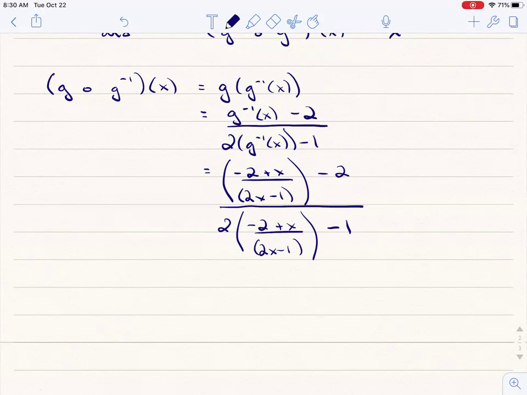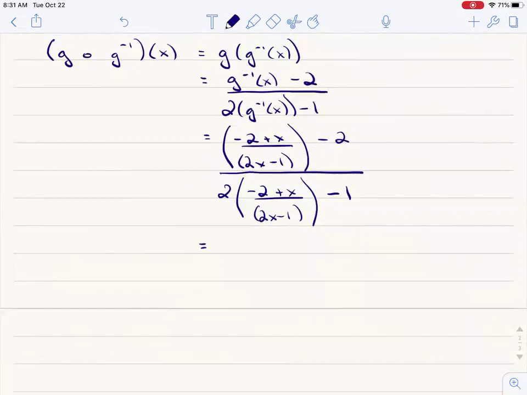So don't be stingy with the brackets or even the space, because what we're going to end up with is a fraction over a fraction. And so we're going to need a common denominator on both of these, and then once we have a solid fraction over a solid fraction, then we can flip and multiply and simplify it even further.